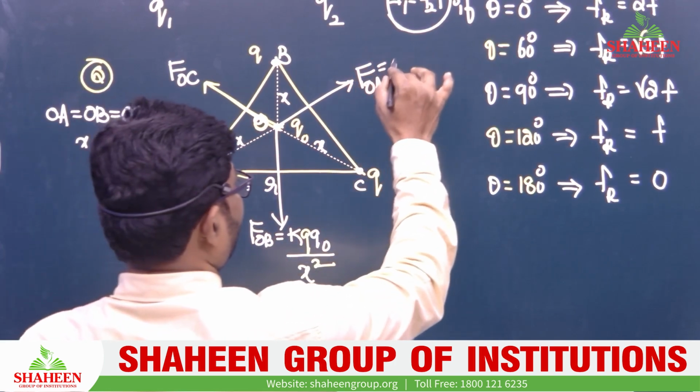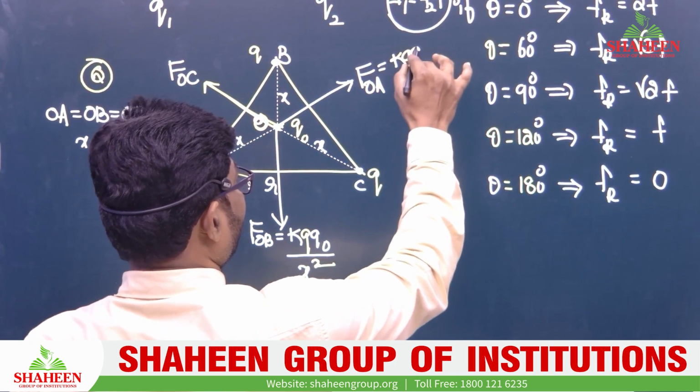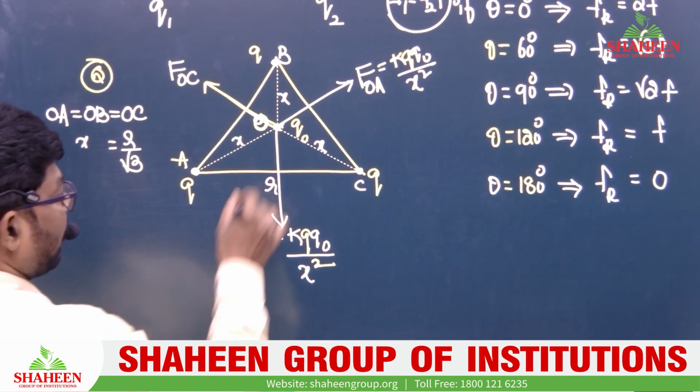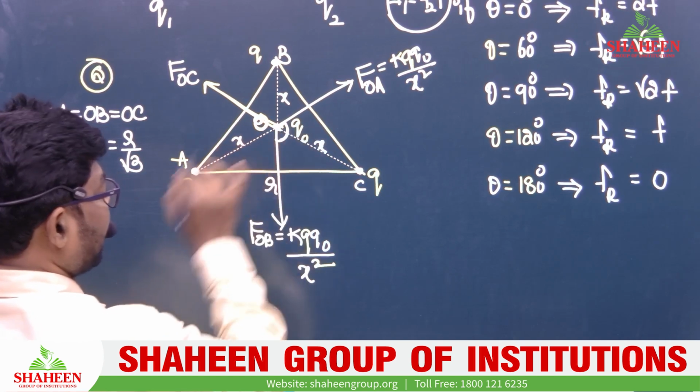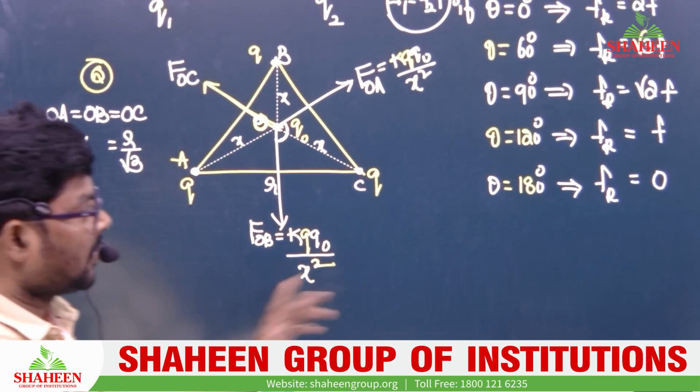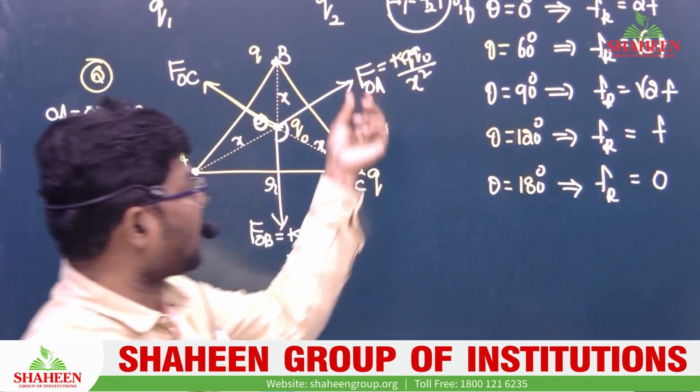For this one also K Q naught upon x square. Both are equal forces. What is the angle between them? 120 degrees. The angle between them being 120 degrees means the resultant force is equal to either of the forces.